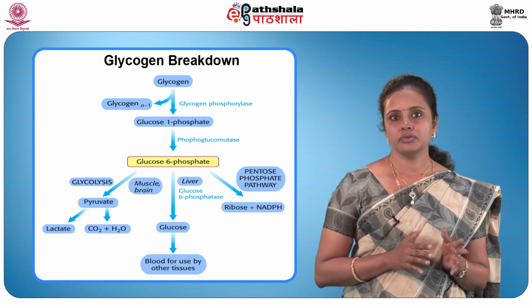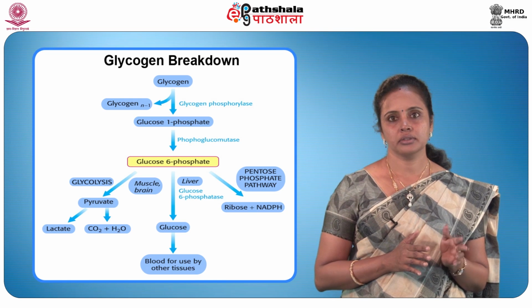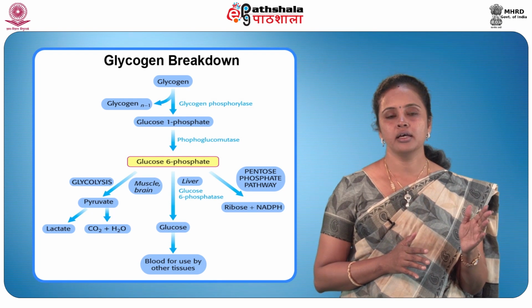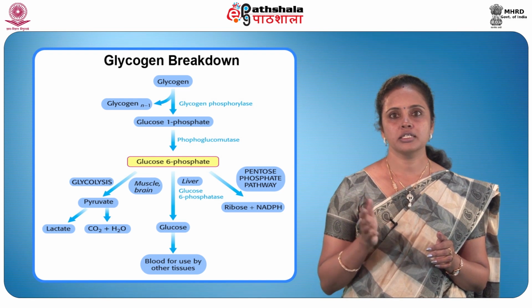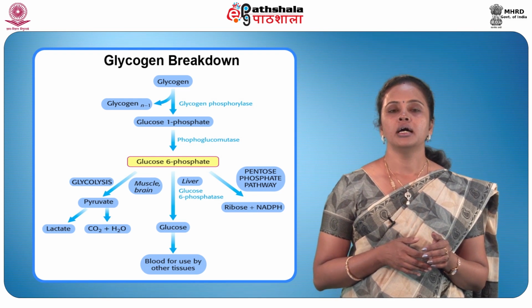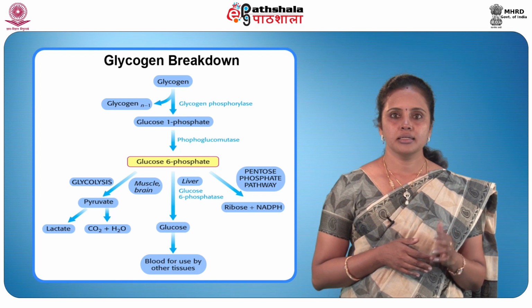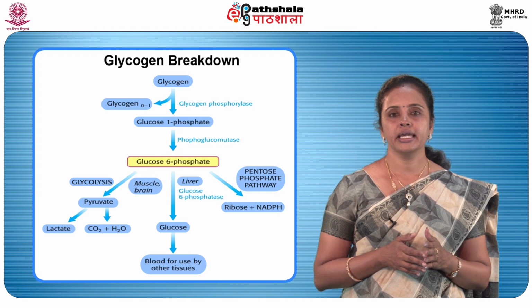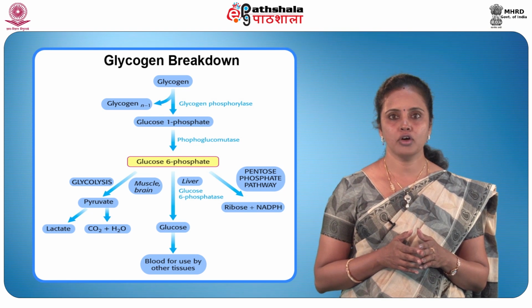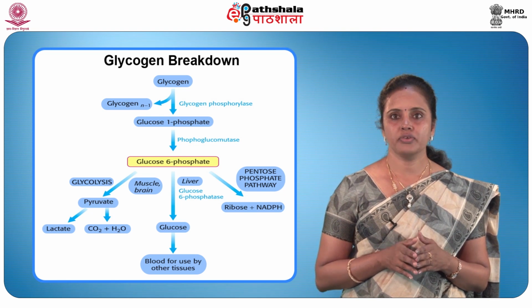There are 2 forms of the enzyme phosphorylase, namely phosphorylase A, which has a phosphate attachment, and phosphorylase B, which has no phosphate attachment. The reaction mechanism includes cleavage of the glycosidic bond by acid catalysis to form glucose 1-phosphate.